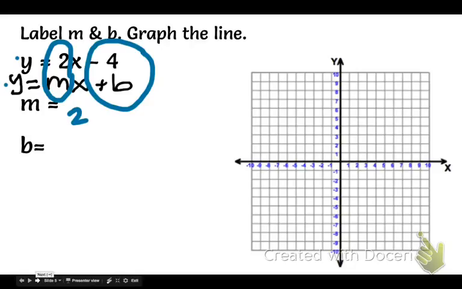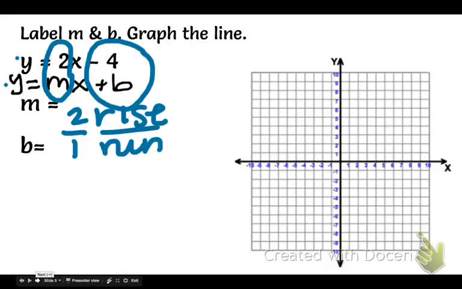Now when we're graphing, it's often easiest to think of slope as a fraction. So I'm going to write that as 2 over 1. The reason for doing this is because when we think of slope, we think of it as rise over run. So it's easier to think of it as two values. b, my y-intercept, is -4.